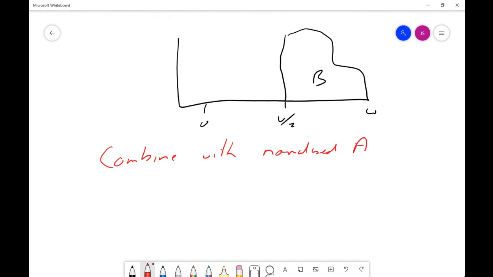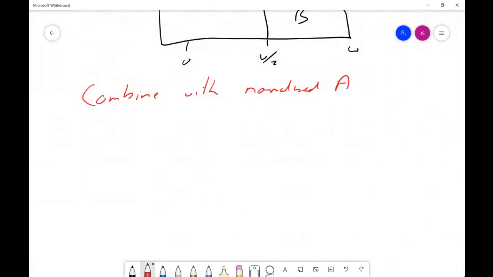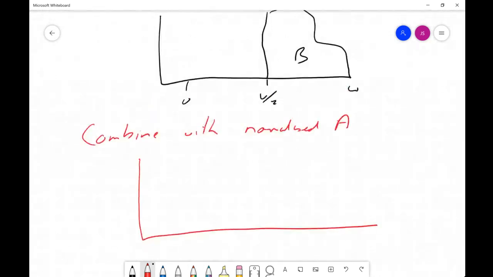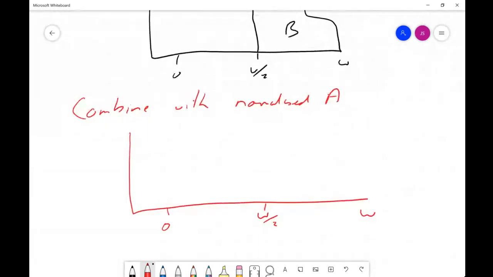So going back in the notes, get the normalized band A, the normalized band B, which is that one there. It is going to be between 0 and W. Midpoint is W over 2. And the histogram will look something, whatever it was, with band A there and band B there.